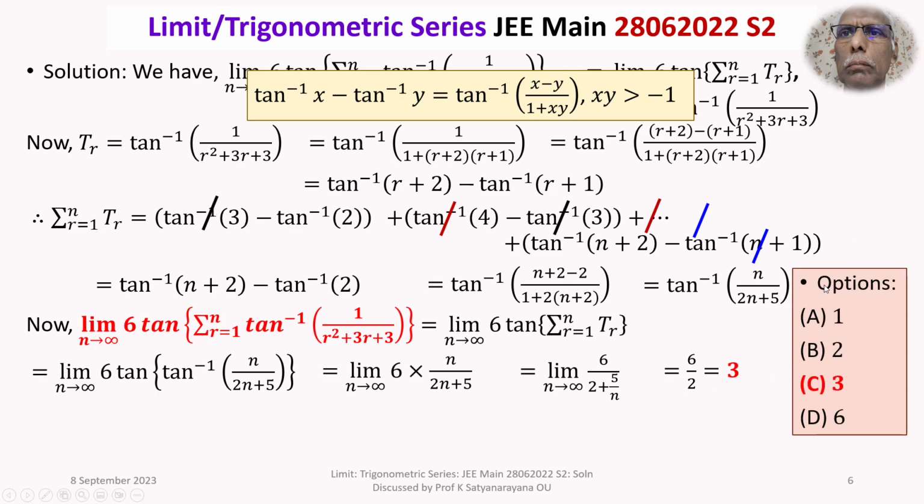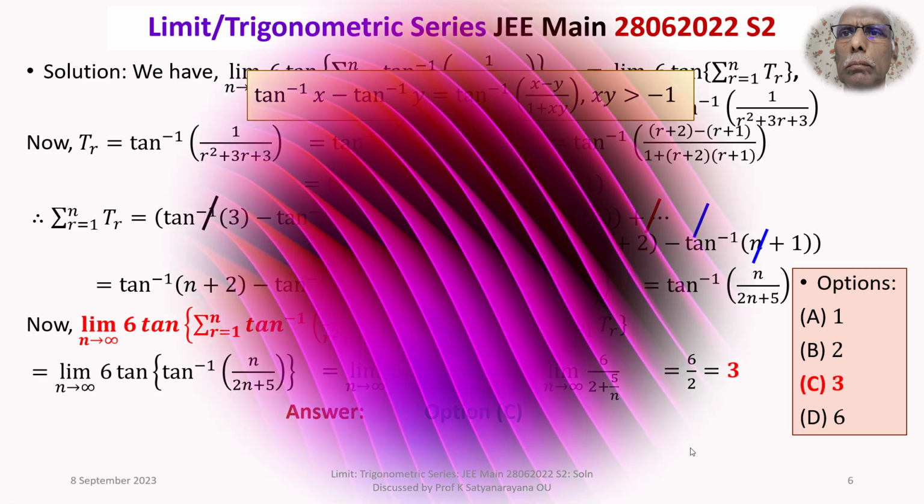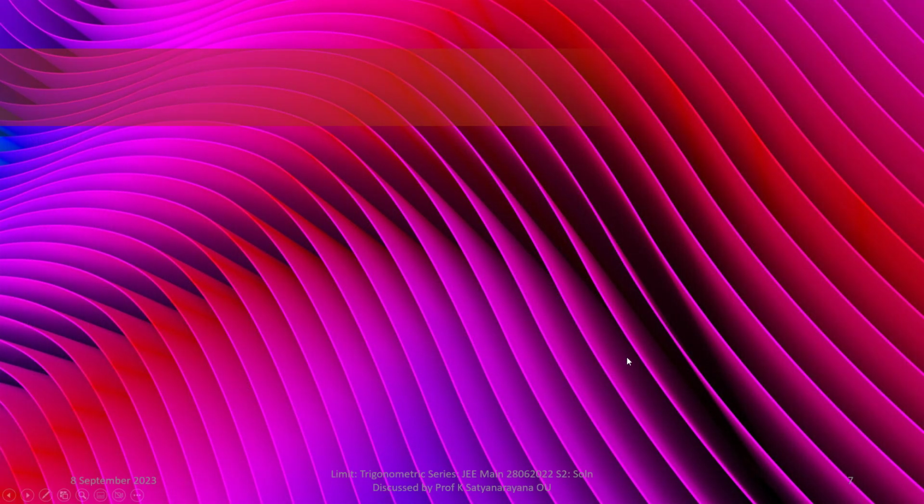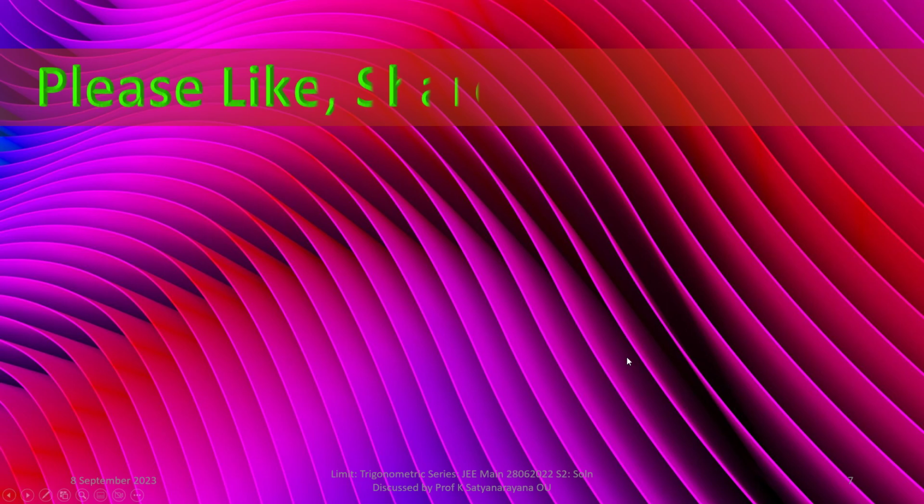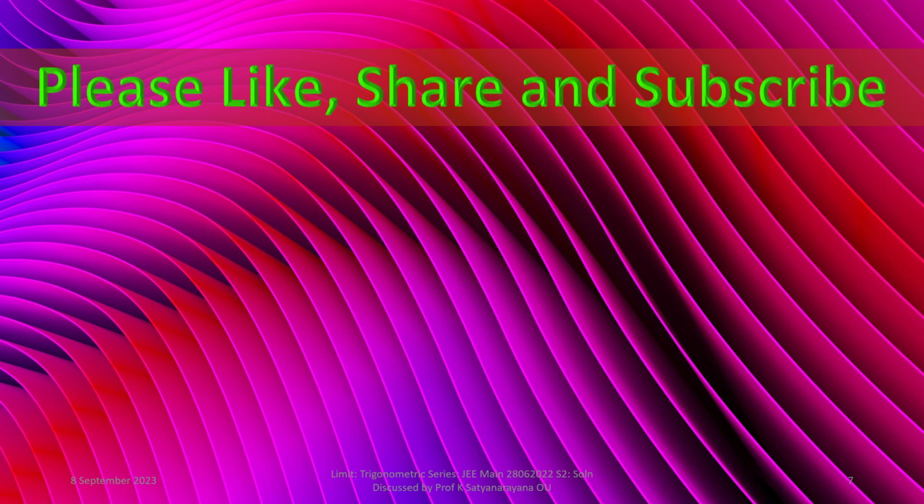Our answer 3 appears against option C. Therefore, the answer to this question is option C. That is the detailed discussion of the solution of a problem on the limit of a given trigonometric series from the section trigonometry. I am sure that you have understood the solution of this problem, and I wish you all the best. Thank you.